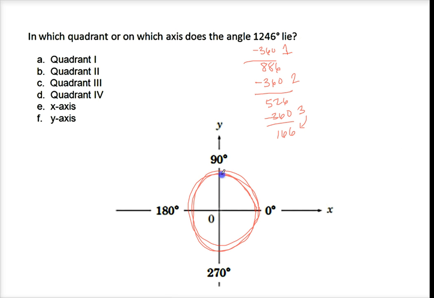So we pass 90 degrees and we don't quite make it to 180. 166 degrees would place us right here in quadrant 2. So the terminal side for 1,246 degrees would be in quadrant 2.